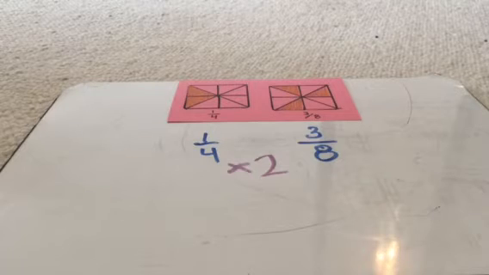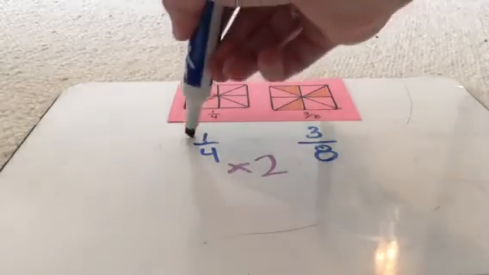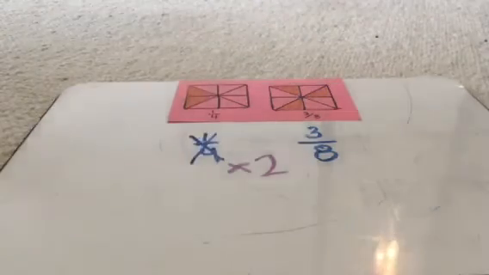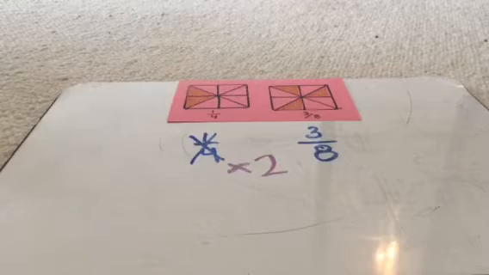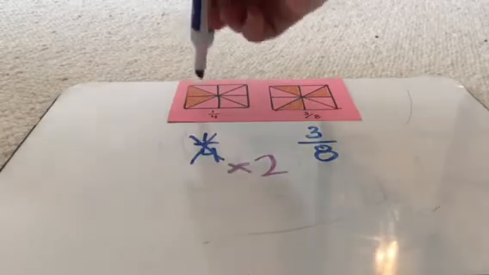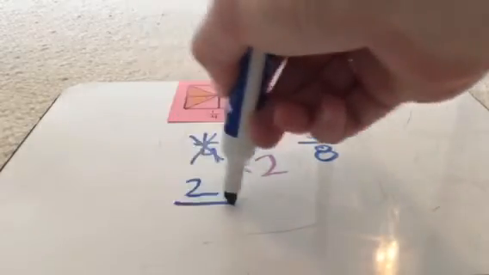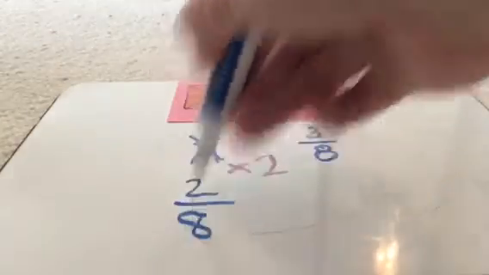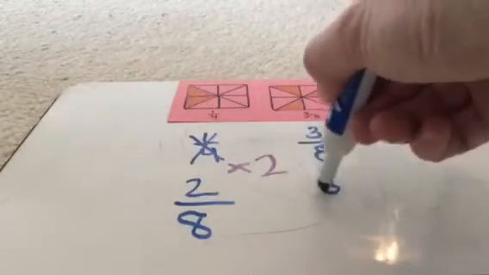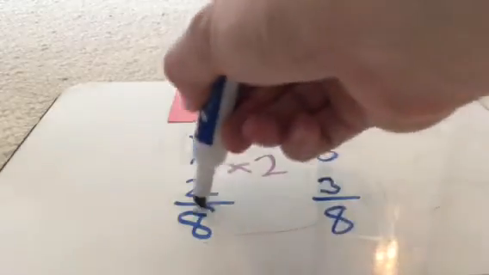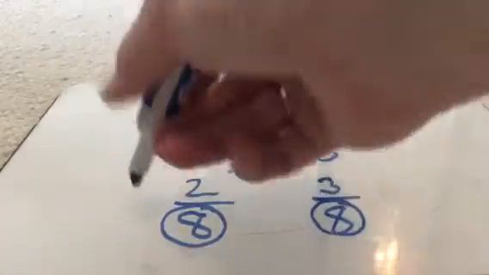Okay, so now that we redrew our fractions, we're going to cross out the 1/4 because it's no longer 1/4. It now is 2 shaded pieces out of 8. This one is still 3 shaded pieces out of 8. And now I have a common denominator.